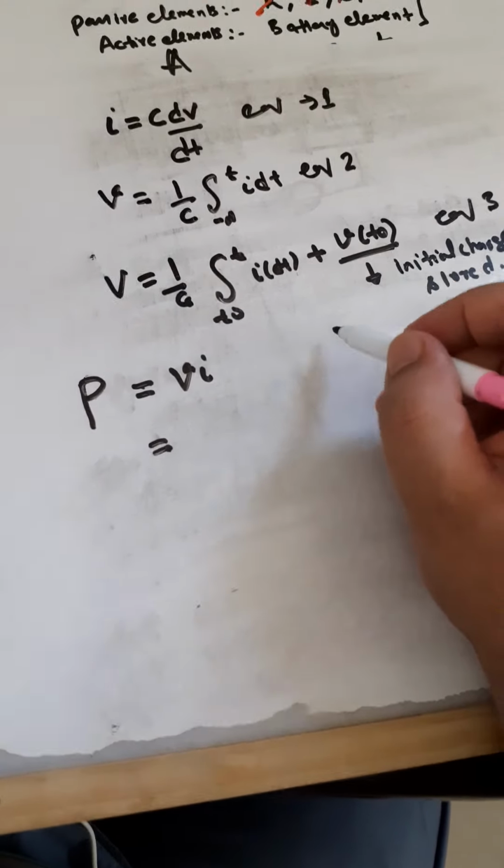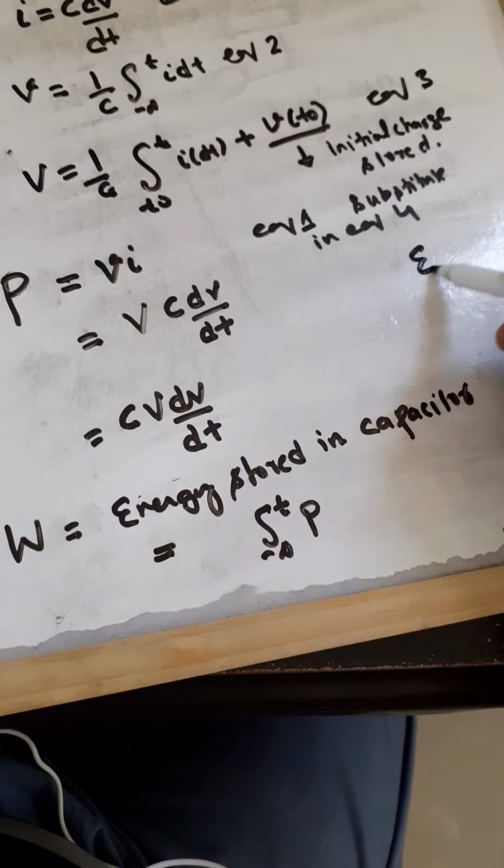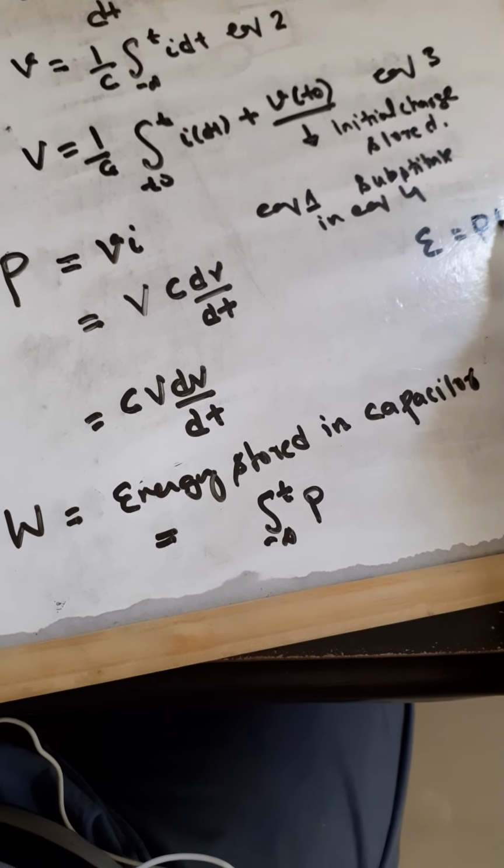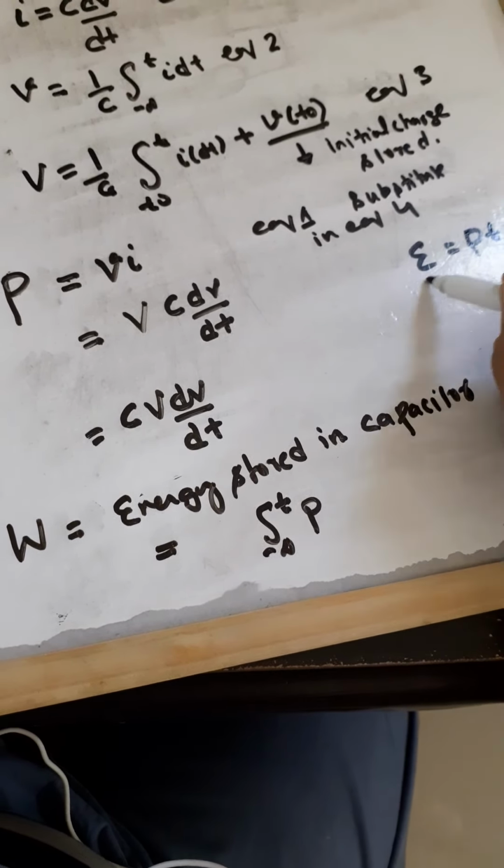Work done by time taken, or power by time. So energy is basically power into time. Kilowatt hour is the commercial unit of energy, so E is equal to P times T.